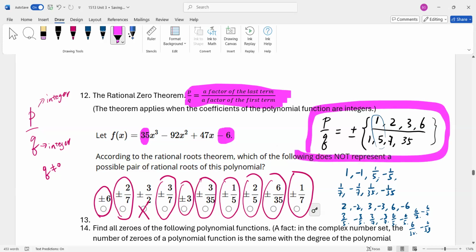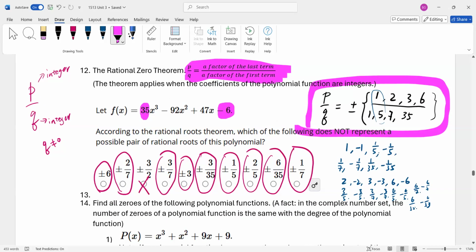P over Q equals plus minus, and draw a big braces, and draw a fraction bar. On top of the bar, you write all the factors for the absolute value of the last term. And on the bottom, you write all the factors of the leading coefficient. And then you can find, for this case, a lot of potential rational zeros, right? Okay, so that is number 12, the content of the rational zero theorem.